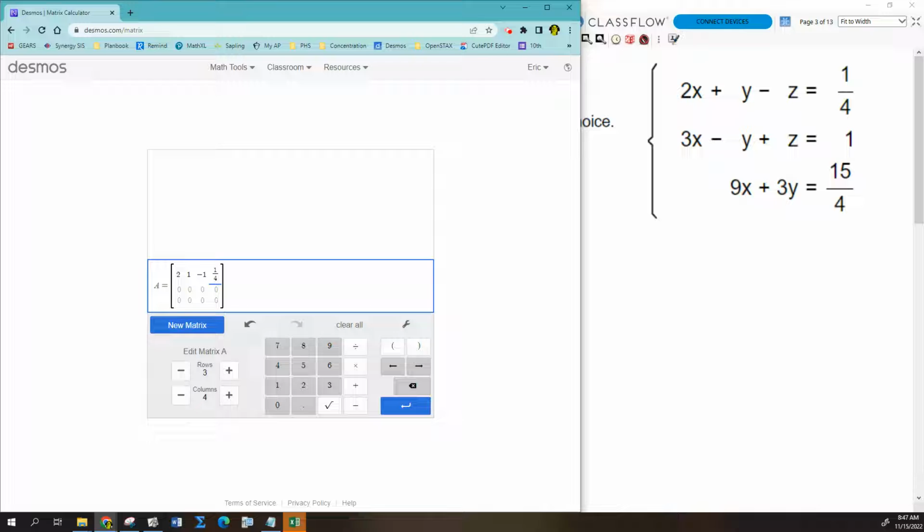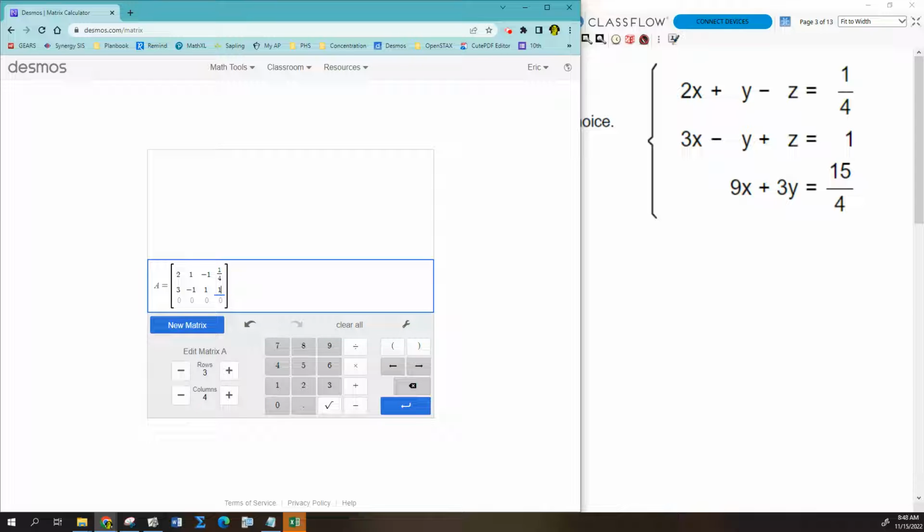And then the easiest way to enter these is to hit the right arrow on your keyboard. You guys have a right arrow on the Chromebooks? Yeah, just hit right arrow. And if I hit the right arrow again, it's like reading a book. Look what it does. It goes down to the next row. What should the next row be? 3, -1, everybody. 1, what's next? 1.